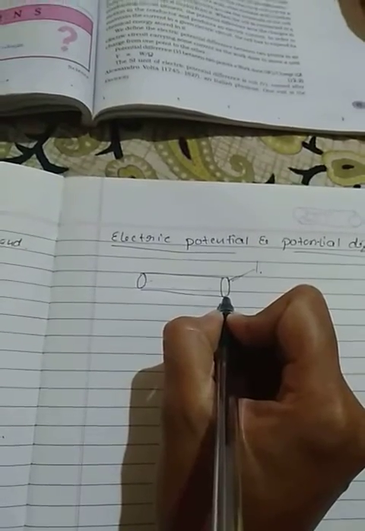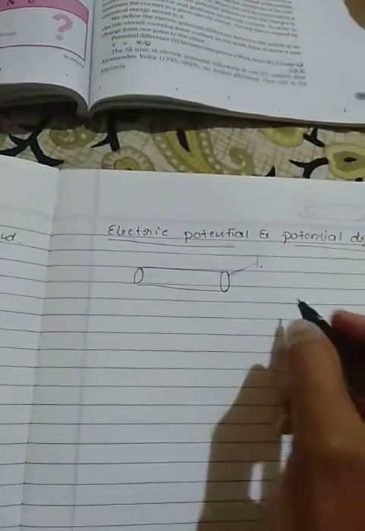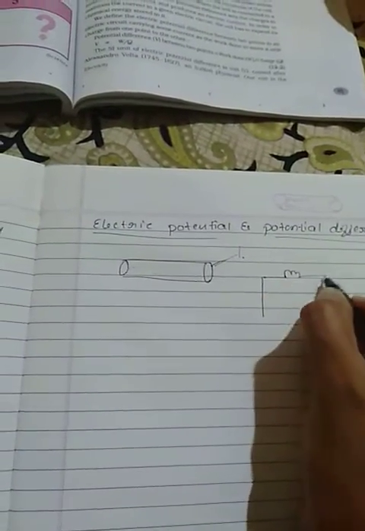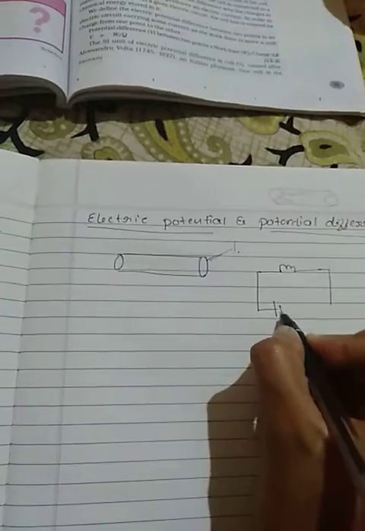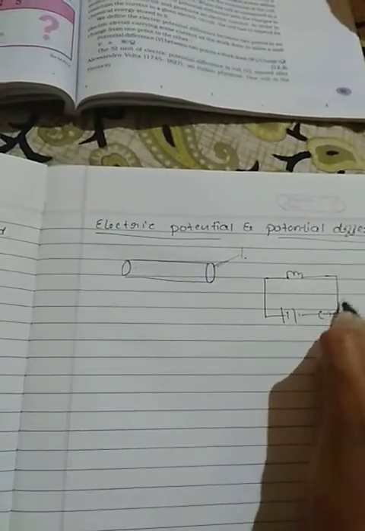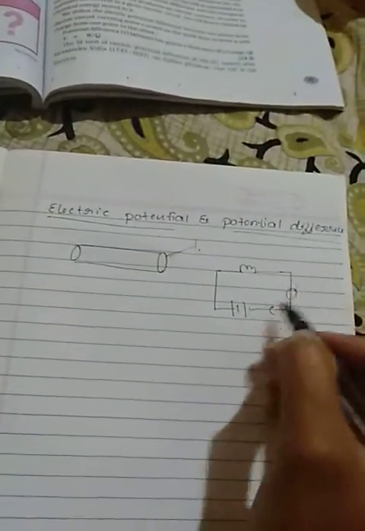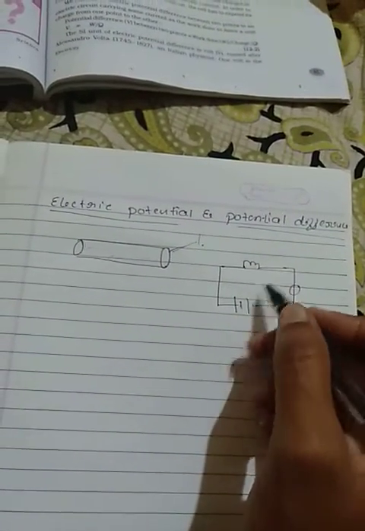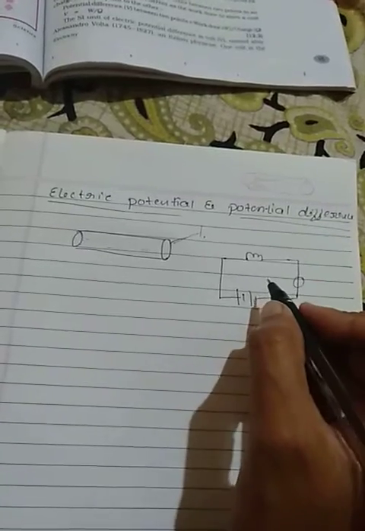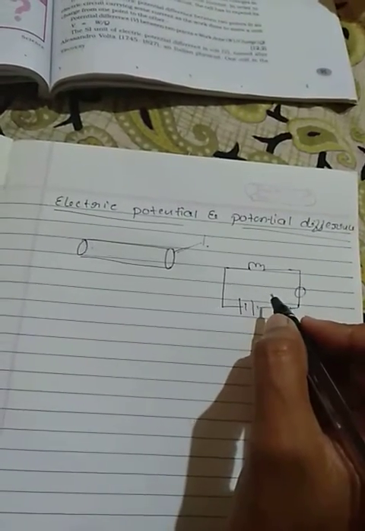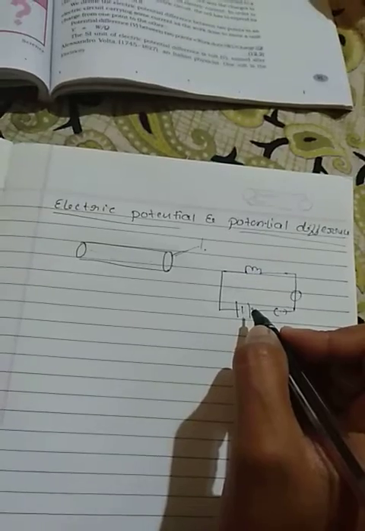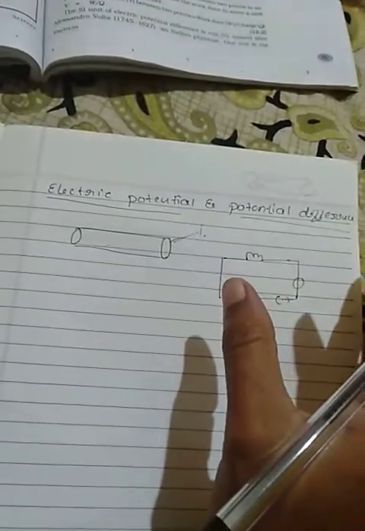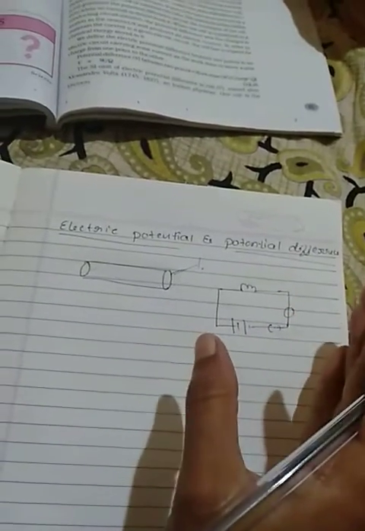Similarly, if electrons are to move in a circuit, this is the circuit, this is the key, this is the ammeter, a simple diagram of an electric circuit, there must be an electric pressure.